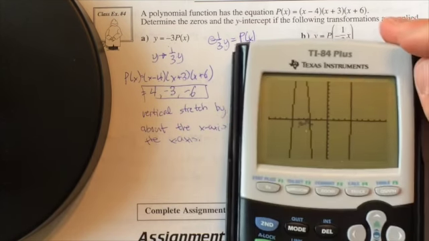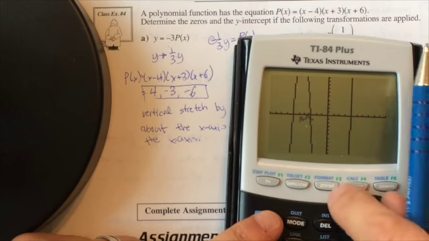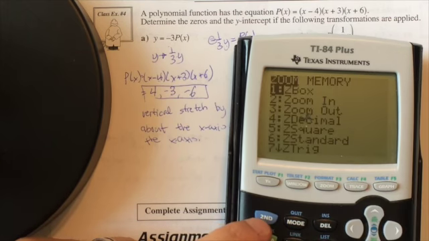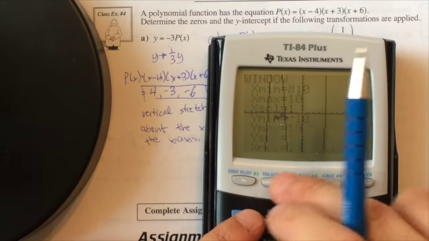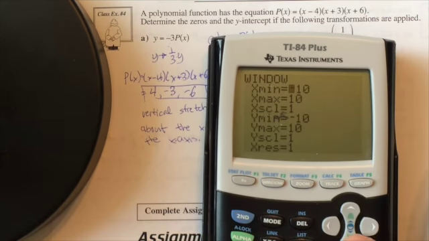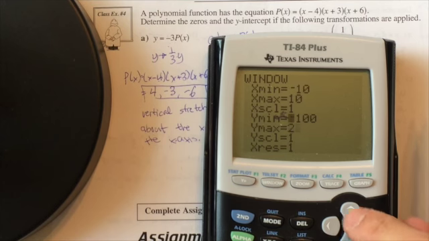Now, if I want to find my y-intercept, I'm going to have to zoom way out. In fact, let's change our window settings here so that my y min goes to negative 100, and my y max we can leave at like 2, doesn't really matter.